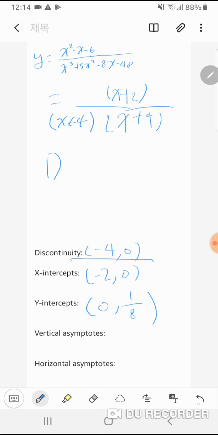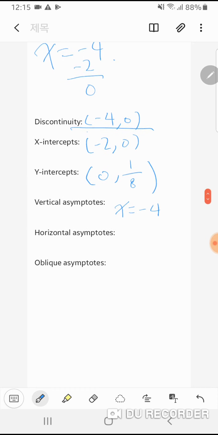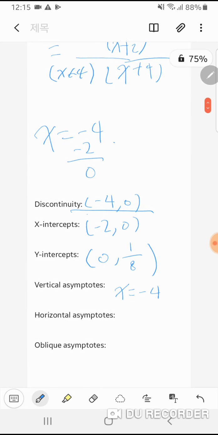So if we have x equals -4, we have -2 over 0. So that's the vertical asymptote. So our vertical asymptote is x equals -4.